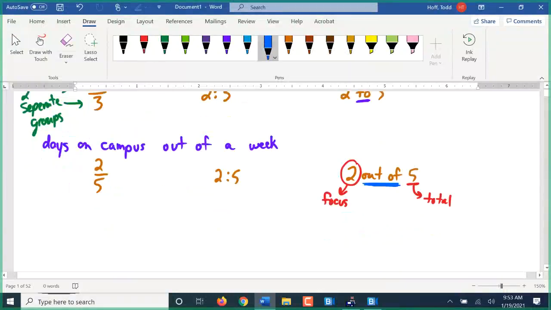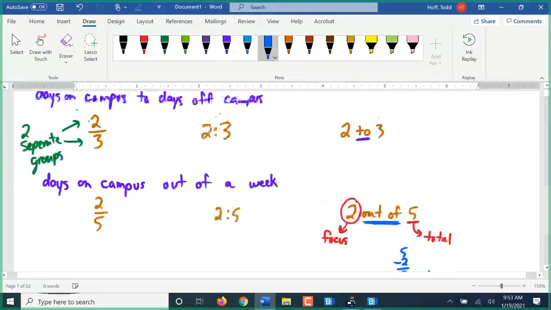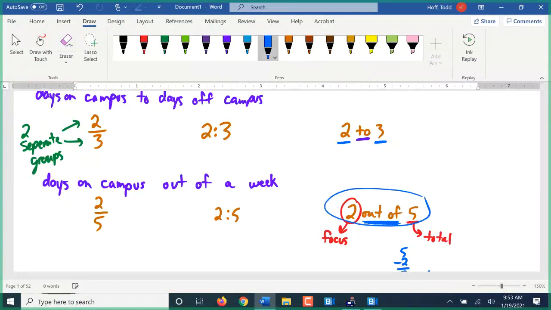That implies that the rest are not part of the focus. 5 minus 2 means there's 3 that are not part of it. Which brings us back to this ratio. 2 that I'm on campus, 3 that I'm not on campus. So in this type of ratio, there are all sorts of other ratios implied that we can interpret.